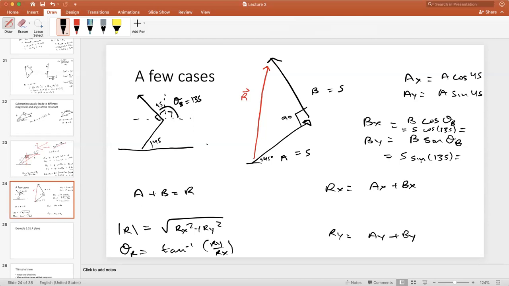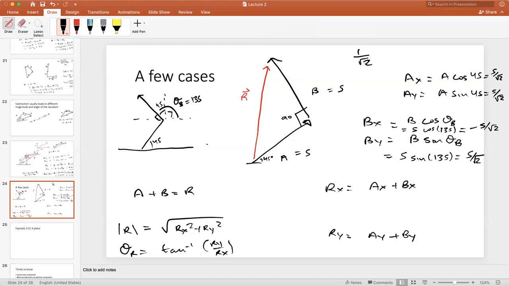So these numbers are going to be the same. Cosine of 45 is 1 over root 2, okay? And so this is 5 over root 2, and this is also 5 over root 2. And it turns out that this is going to be negative 5 over root 2, and this is going to be 5 over root 2, okay?